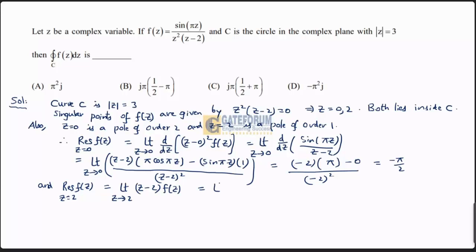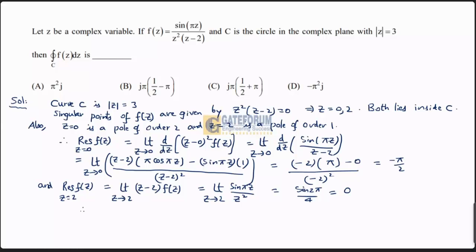So this is limit z tends to 2 of sine pi z divided by z square. So sine 2 pi by 2 square, 4. Sine 2 pi value is 0. 0 by 4 is 0.